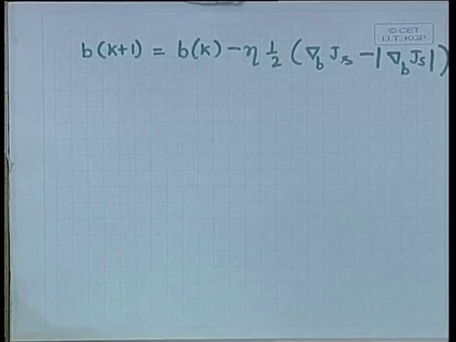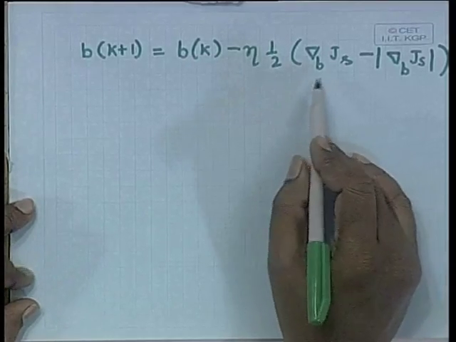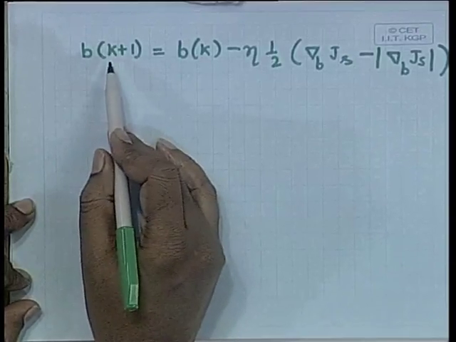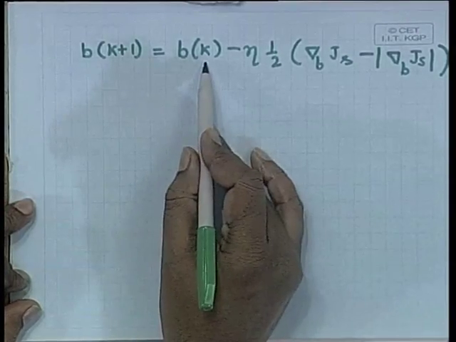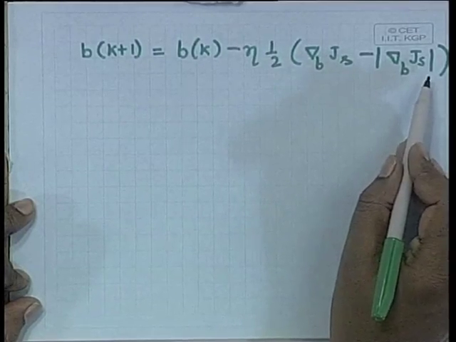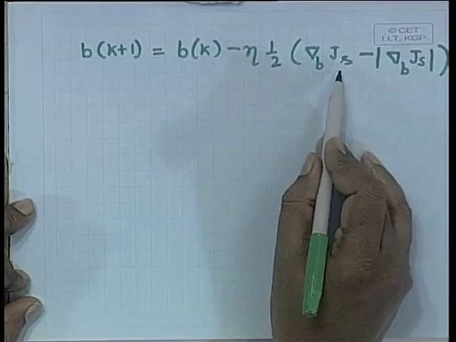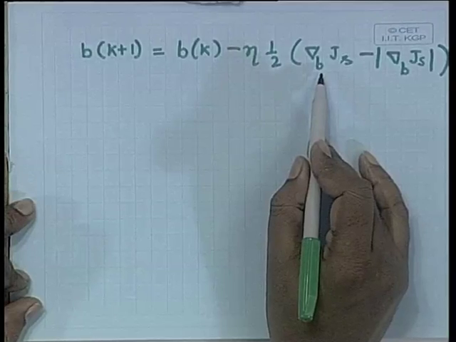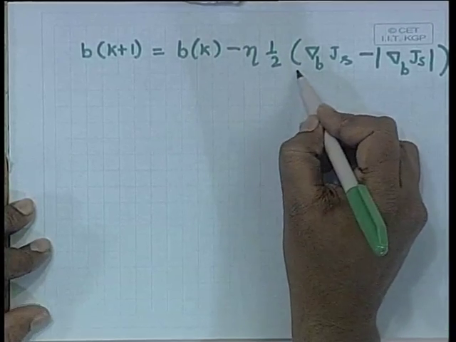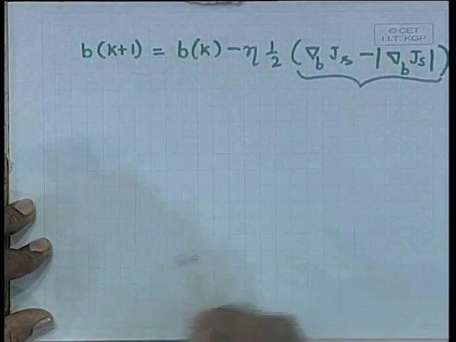Here you find that to obtain b(k+1), we are subtracting this quantity from b(k). If the gradient of J_s with respect to b is positive, then this total quantity will be equal to 0.